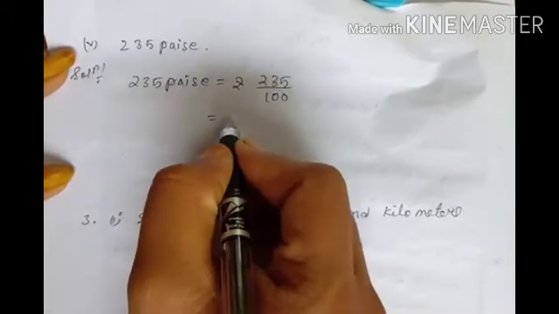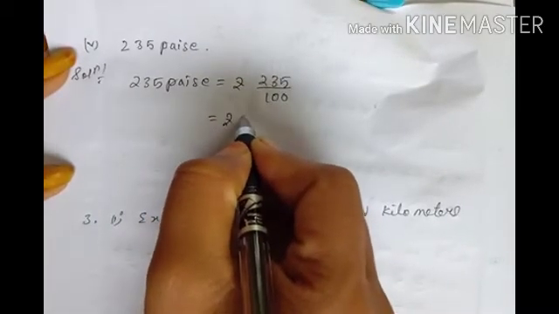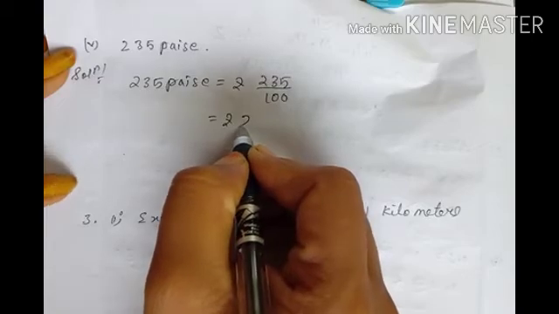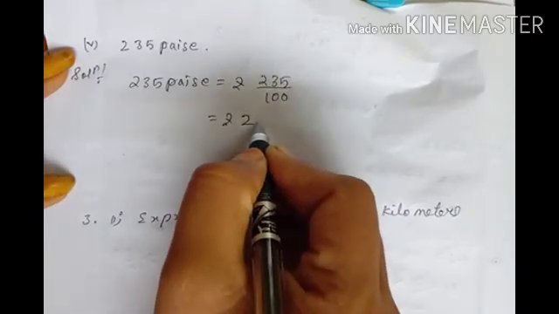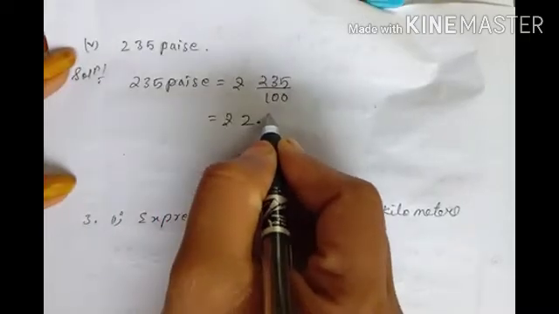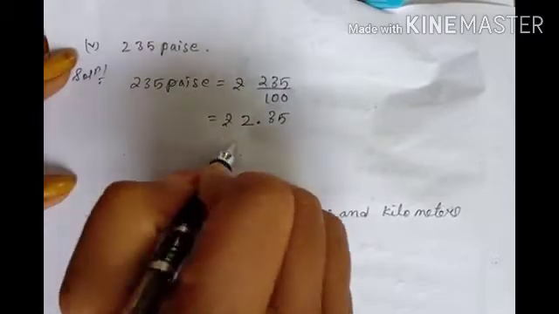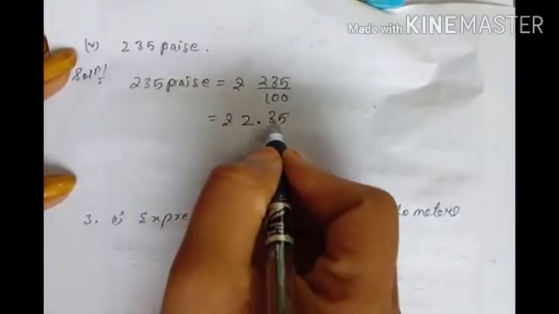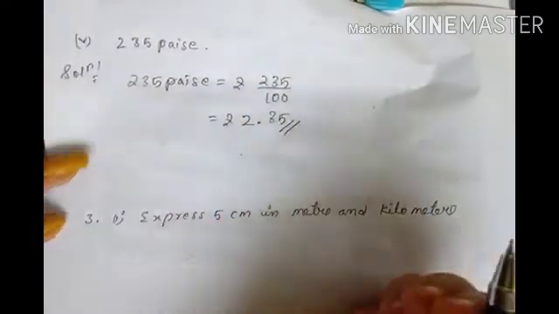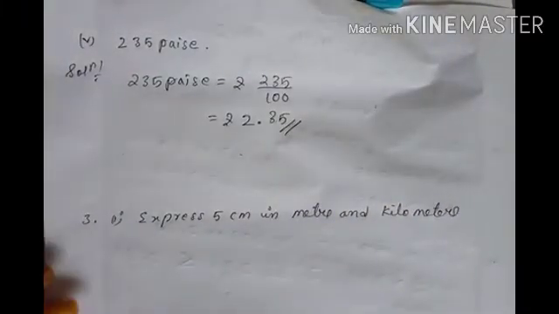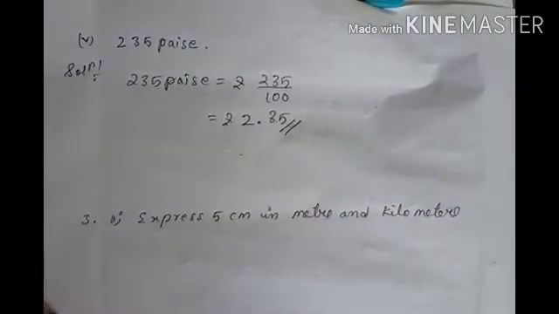So before 2 digits you will put the decimal point. So 2.35 rupees. So 235 paisa is equal to 2 rupees 35 paisa. Okay, this is your answer. And the remaining question is your homework. If you get any problem, then you can comment on my video.